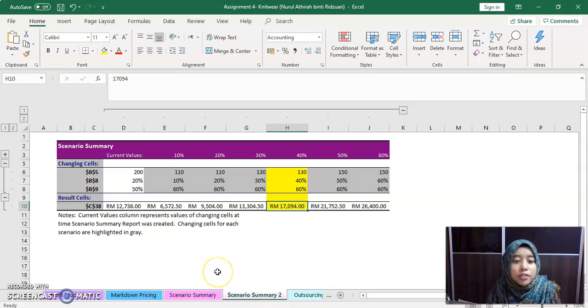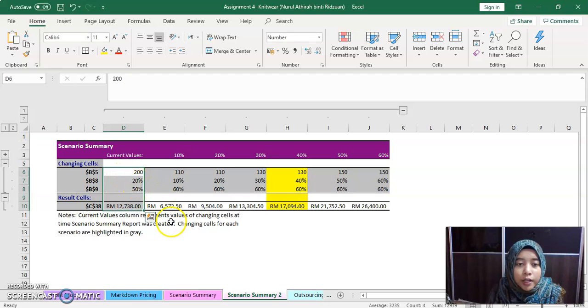Okay, let's go to scenario summary 2. Before this, my inventory is 200, my intermediate sales is 20%, and my clearance sales is 50%. How about if I change it to another? So I decided to make a range between 10% to 60%, and 60% for the clearance sales.